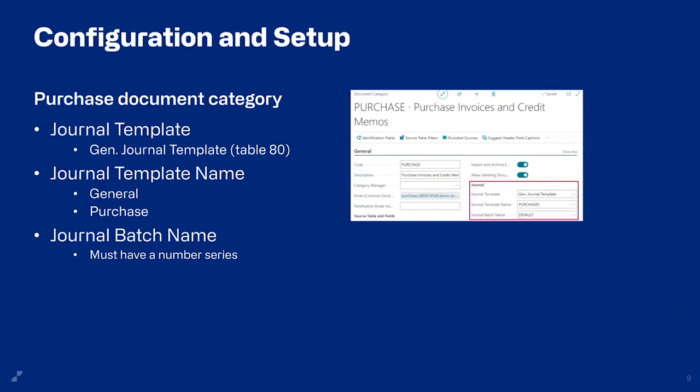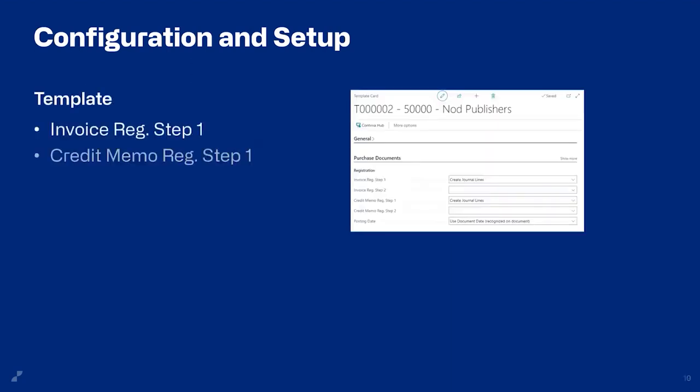So on the document category card, we'll go in and adjust two fields. After that, open the template card and switch Invoice Registration Step 1, and perhaps also the Credit Memo Registration Step 1, to create journal lines instead of invoice card or credit memo card lines.